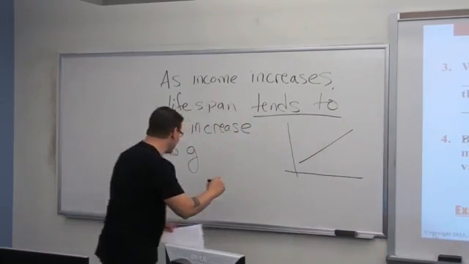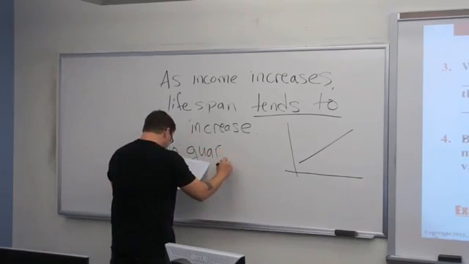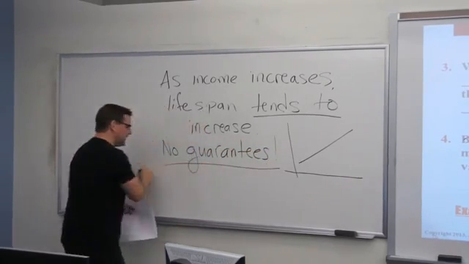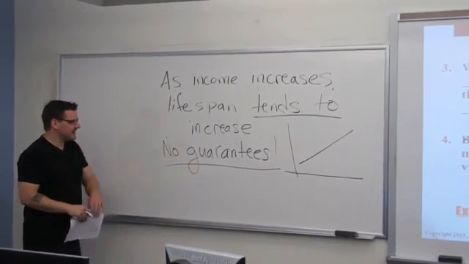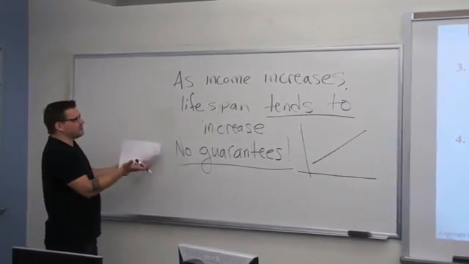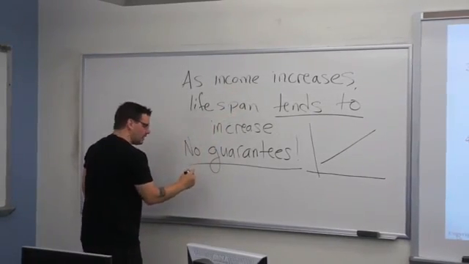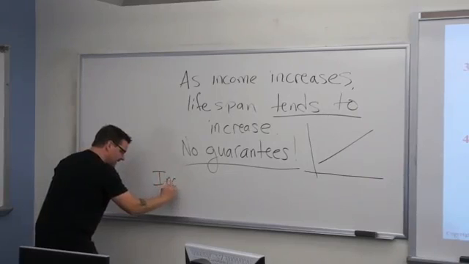Let me see how we spell this word here. G-U-A-R-A-N-T-E-E-S. There's no guarantees. It would be incorrect to say that more income causes you to live longer. I'll get that down here.